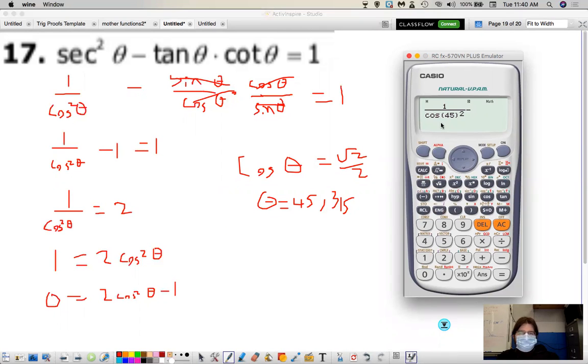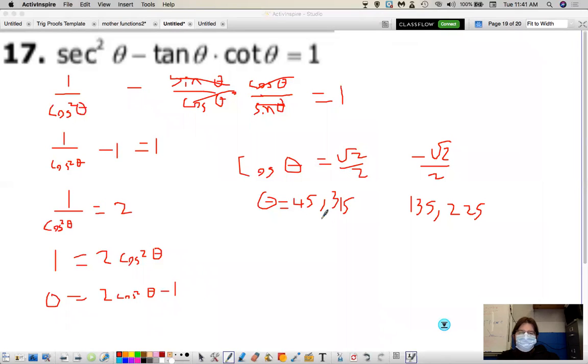That's secant squared right there. Tangent and cotangent again is 1 over tangent. And we get 1, which is what it should equal. And it'll work for all 4 of those.